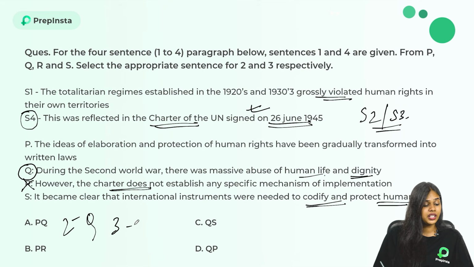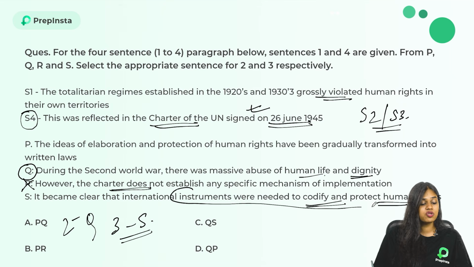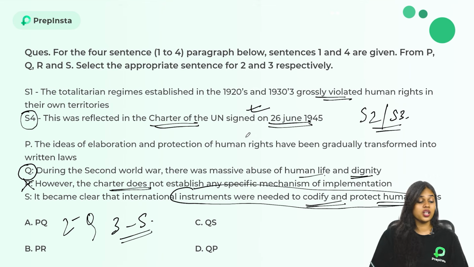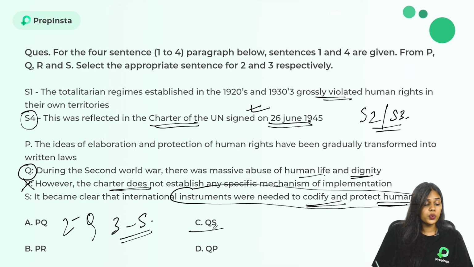So sentence 3 becomes S, because it is talking about the international instruments that were needed to codify and protect human rights. So the answer becomes Q and S, which is option C.